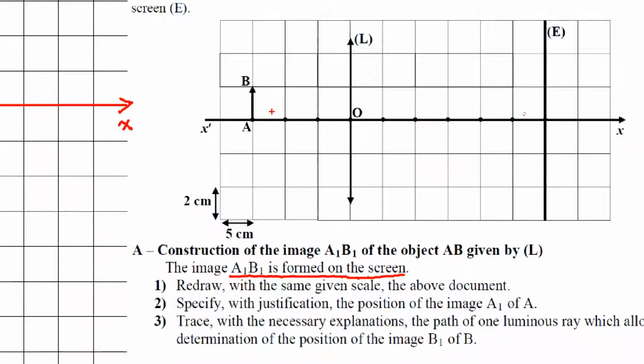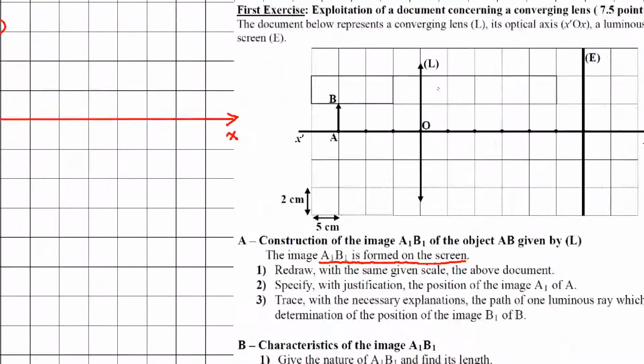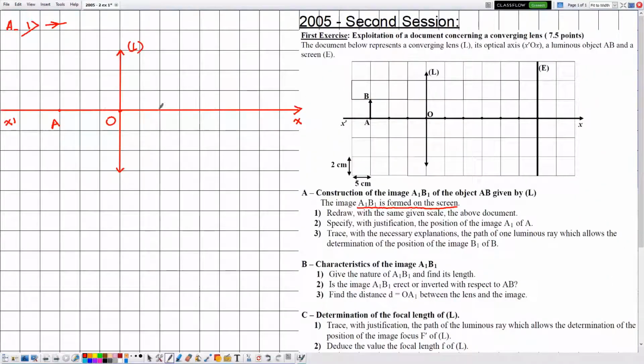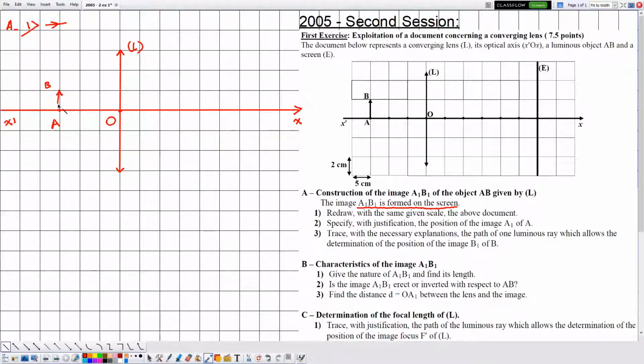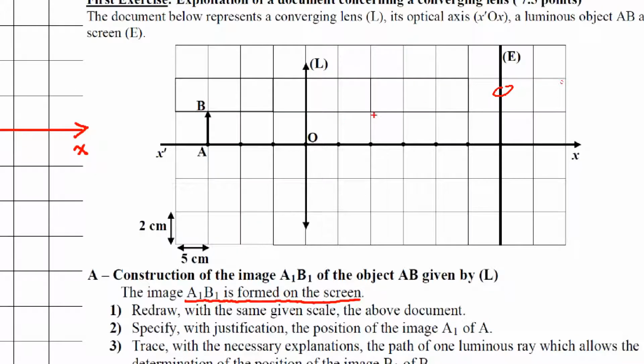Now the point A is located on the optical axis in front of the lens, 3 divisions away from L, so 1, 2, 3. And the point B is located 1 division above A, a hat is found on B, so this is the object AB. Moreover, the screen E is located behind the lens perpendicular to the optical axis.